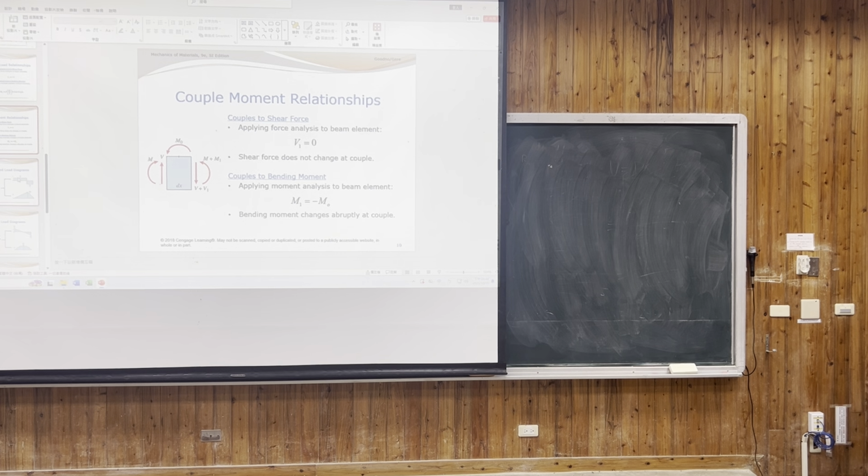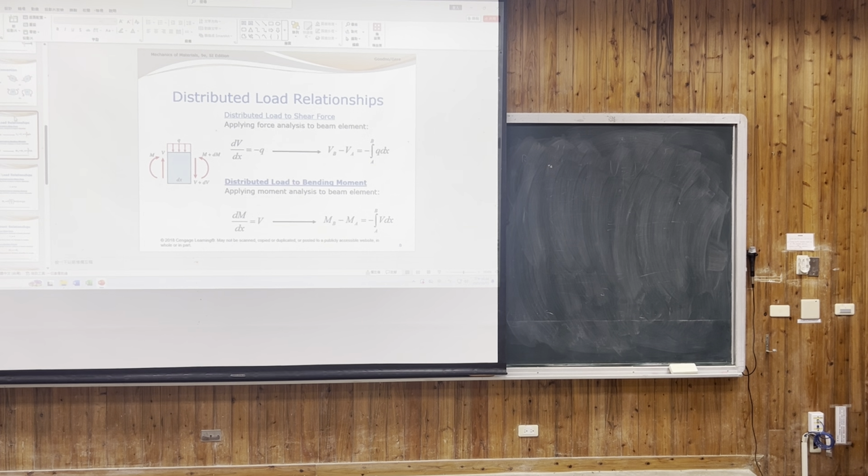If you know the function of the force, like the distributed loading, you can get the shear by integrating the load and get the moment by integrating the shear, right?